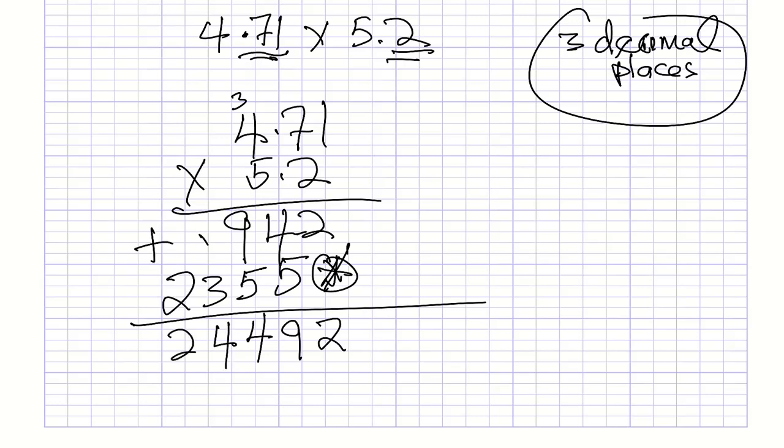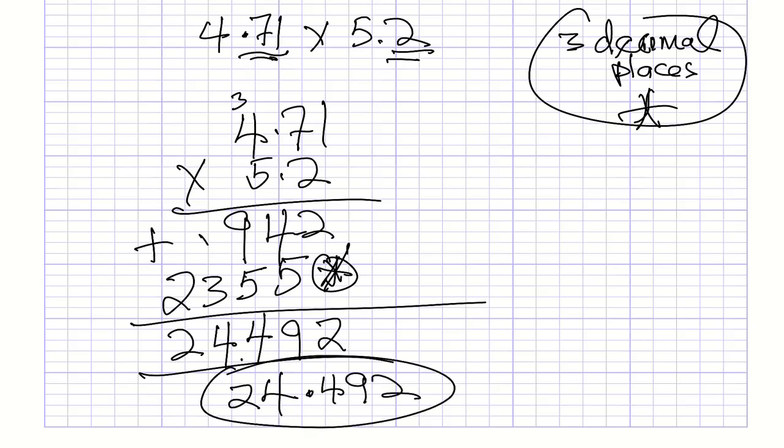And you bring 2 down. You see there? So you remember the decimal places here. You move 3 from the right. You count off 3 digits. 1, 2, 3. So you put it here. So it would be 24.492. That's the answer right there.